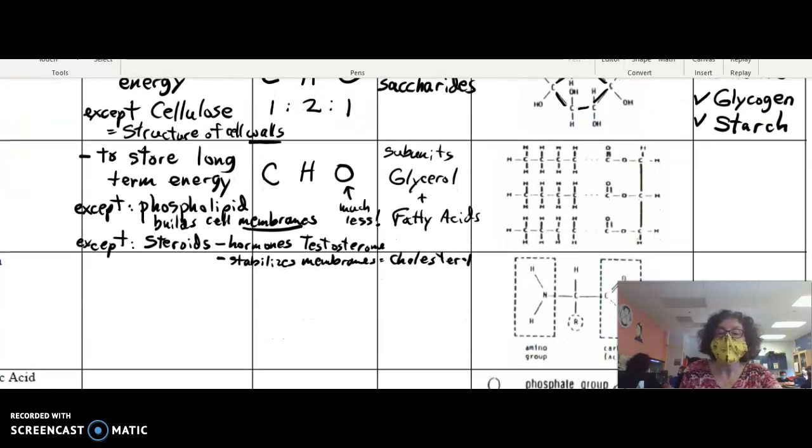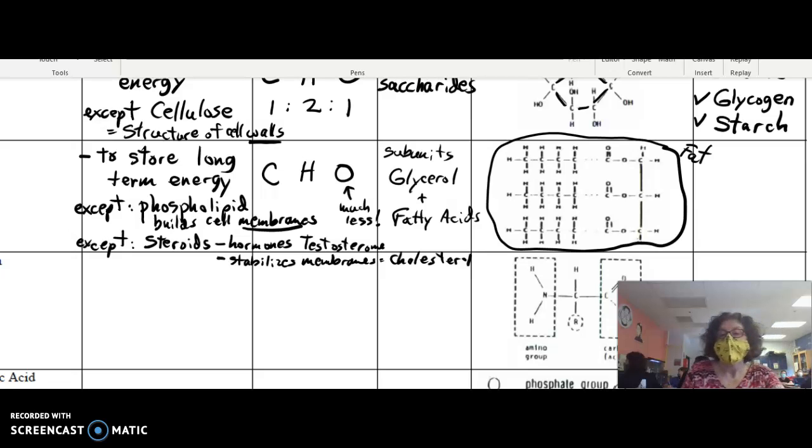Okay, so this molecule here, I know this looks really big and complicated. This is a fat molecule. And it has these long chains of carbons over here. Can you remember from yesterday, is this a fat molecule that's saturated or unsaturated? What do you think?